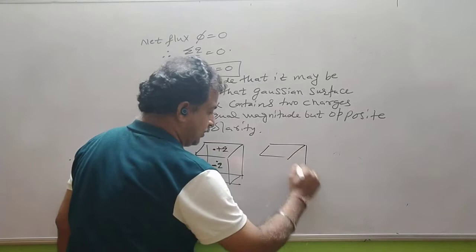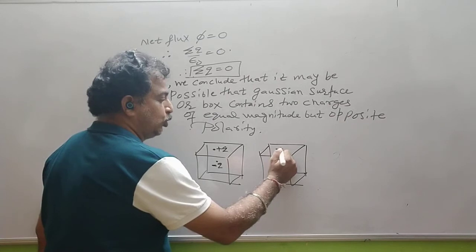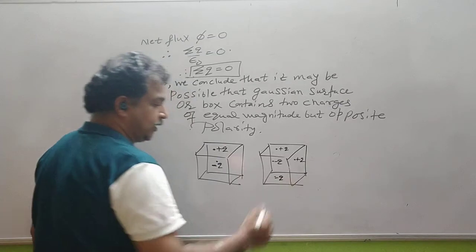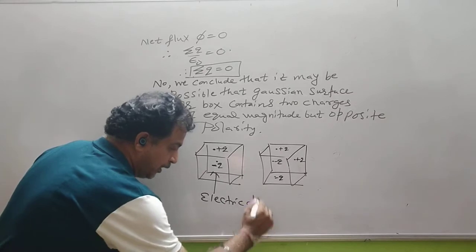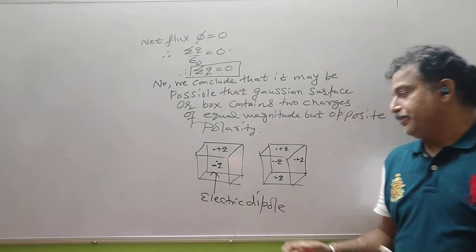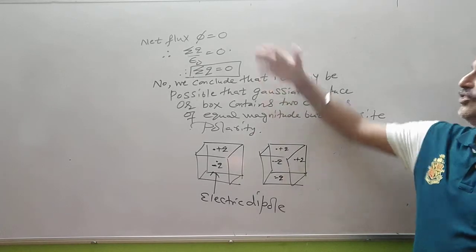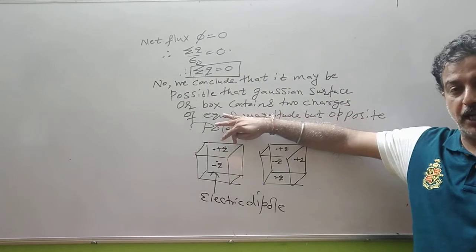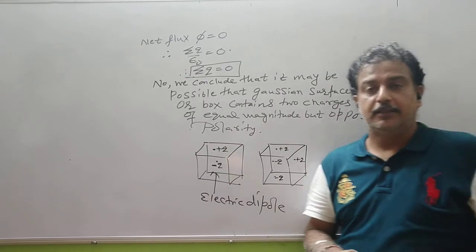So these are the different examples or different situations. I may assume there are two positive charges and another two negative charges, or we take a specific example, the electric dipole. If any closed surface encloses an electric dipole, the flux linked will be 0, because whatever amount of field lines emerge from the positive charge, the same amount of field lines enter the box or surface.